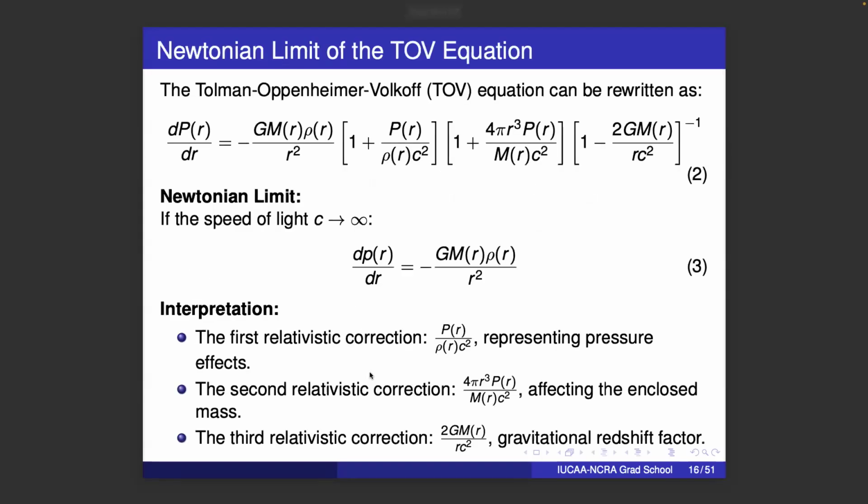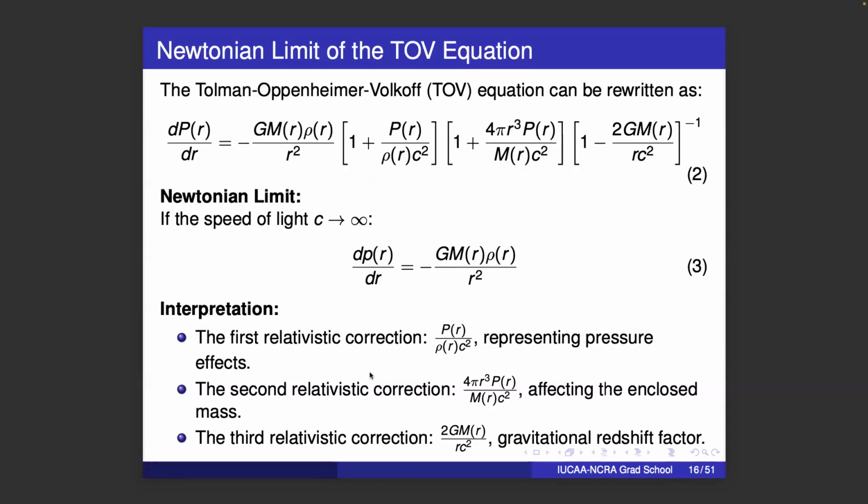You can rearrange this equation and write it in this format, in your usual G m rho by R squared kind of format. But now here you have three terms: 1, 2, 3.